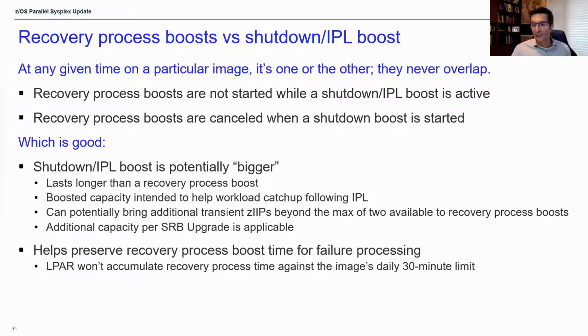And the last reason why it's good is because your LPAR, which has a maximum of 30 minutes per day of Sysplex recovery process boosts, that timer will be turned off when that occurs, and you will not incur those minutes. So you'll have more minutes for, God forbid, you have to do a Sysplex recovery action within the next 24 hours. So again, this is the relationship between shutdown IPL boosts and Sysplex recovery process boosts.